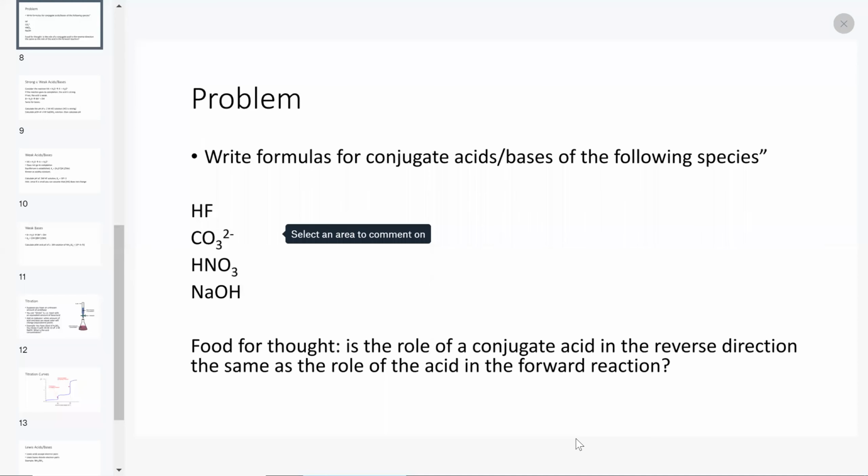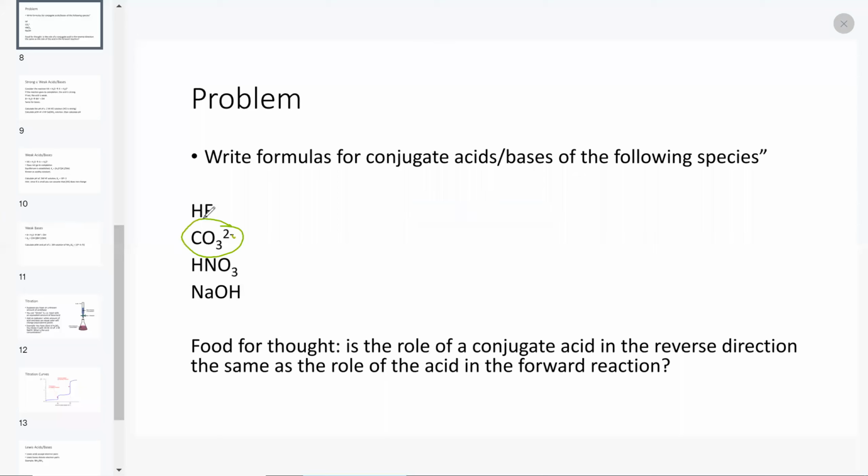So identify whether these are bases or acids, and then write the formulas of their conjugate acids or bases. So let's look at this one.